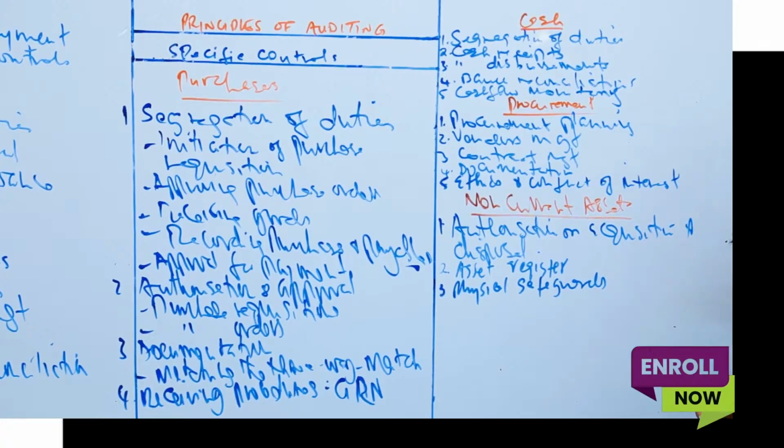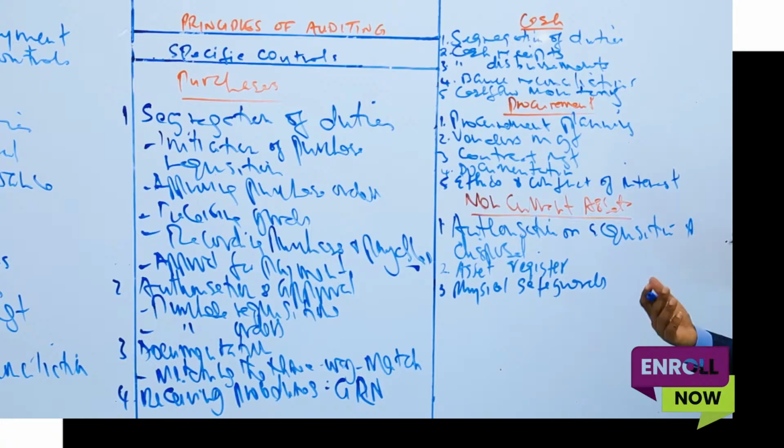Still under physical safeguards, we may have physical security. That is to say, securing access through locks, alarms, restricted access, environmental controls, and so on.